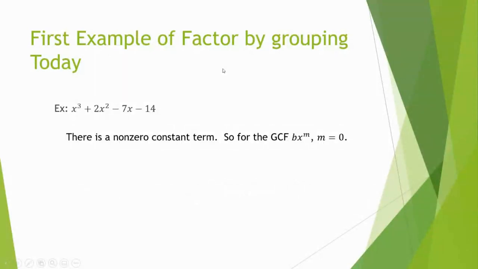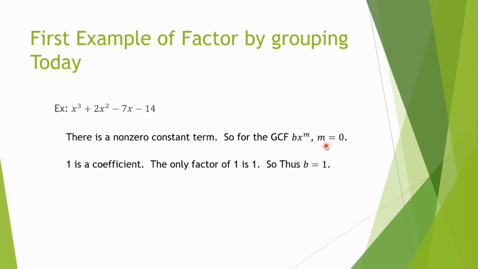Here, notice we want to get the GCF first. There's a non-zero constant term. Because there's a non-zero constant term, right away that tells us we can't factor x out of every term. In other words, if you go back to the GCF, we will take that m here to be 0. Also notice that 1 is the leading coefficient, in fact.